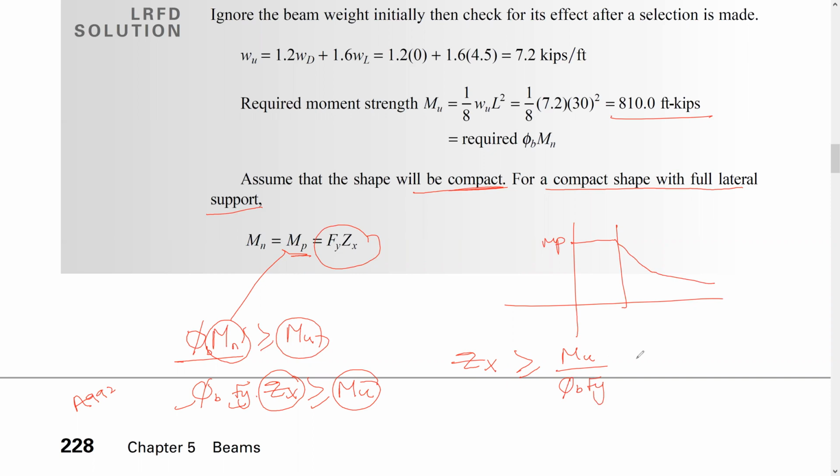This is equal to 810, which we calculated here, divided by 0.9, phi, and times 50, and this should equal 216 inch cubed. So this is Zx. Right now, we need to go and pick a cross section with Zx greater than or equal to 216 inch cubed. Okay.